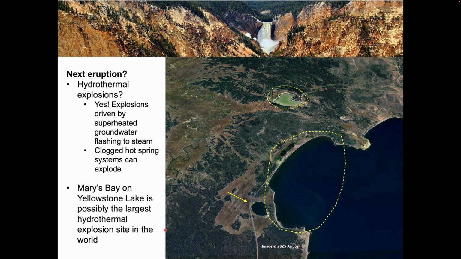Let's talk a little bit about these hydrothermal explosions, some of which can be quite large. There's a circular crater up here. That's an old hydrothermal explosion crater about a half a mile across. But interestingly, on Lake Yellowstone's western edge, there's a place called Mary's Bay, and it's this large oval about a mile and a half across. It's possibly the largest hydrothermal explosion site in the world.